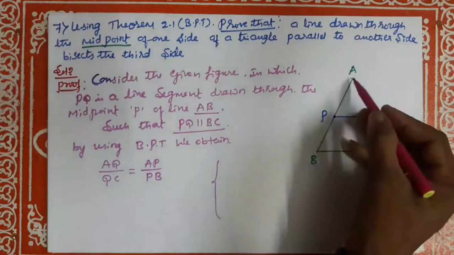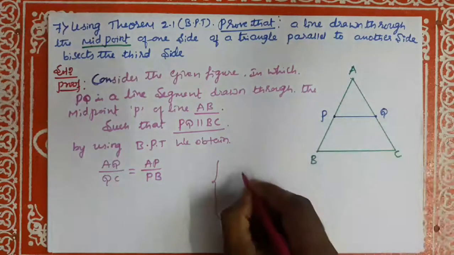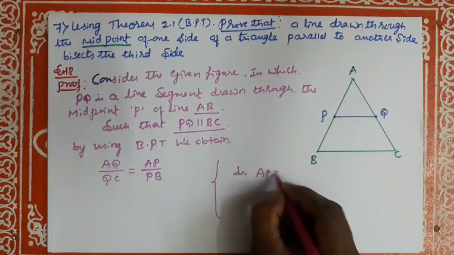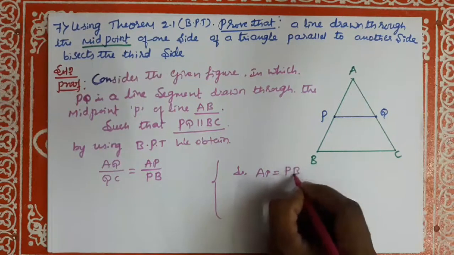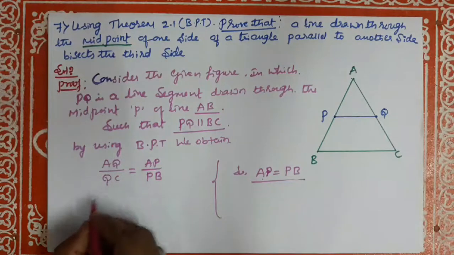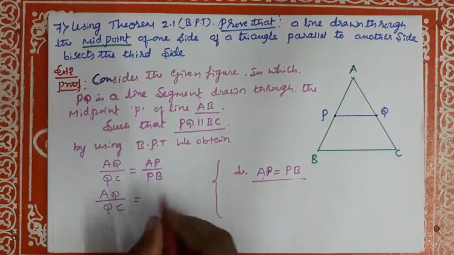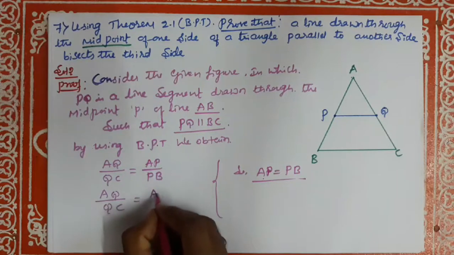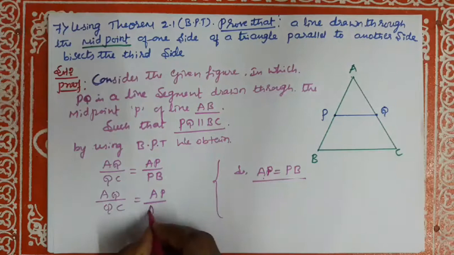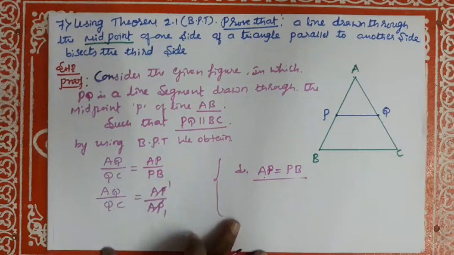Dear students, P is the midpoint of line AB, so AP is equal to PB. AQ by QC is equal to AP by, in the place of PB I will write AP, AP.